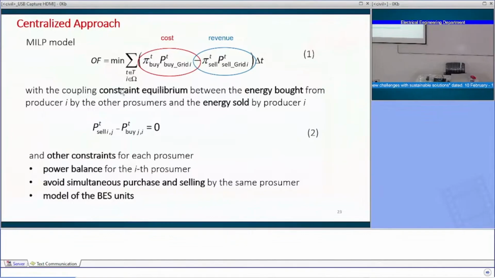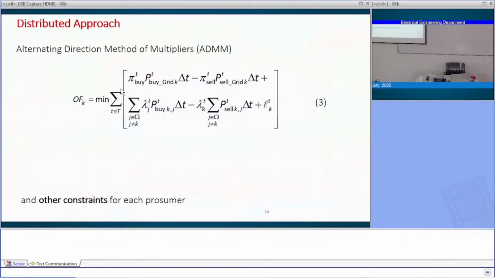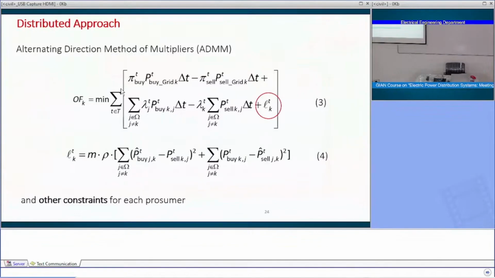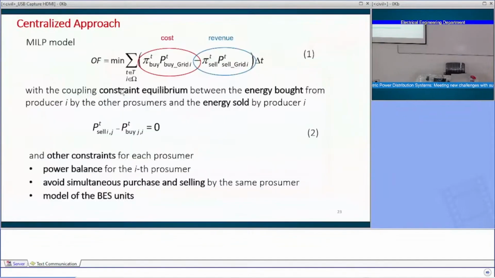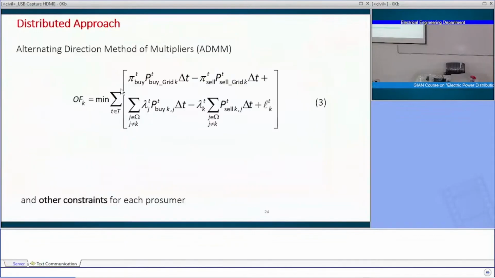automatically the distributed optimization tends to reduce the price of selling, so it tends to reduce the incentive to sell the power, and decrease the price of who is buying, so he is incentivized to buy more.